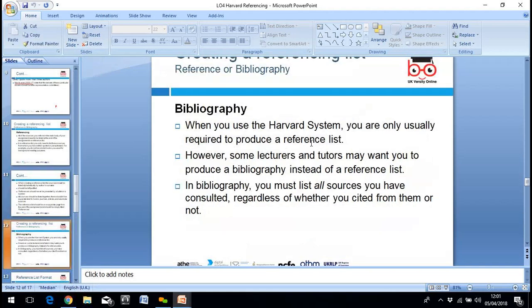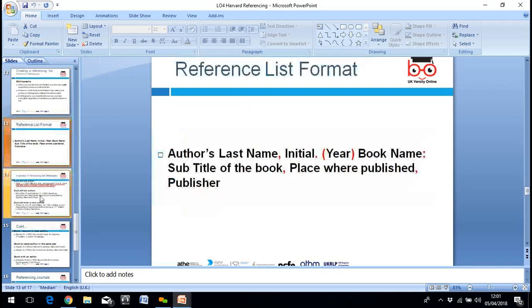I've mentioned bibliography. We don't need to do that one. So the format: author's last name and initial, the year, the book name, the subtitle of the book, the place it was published, and the publisher. This is your reference list.